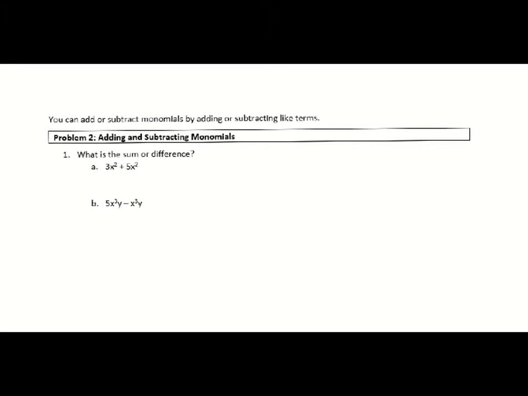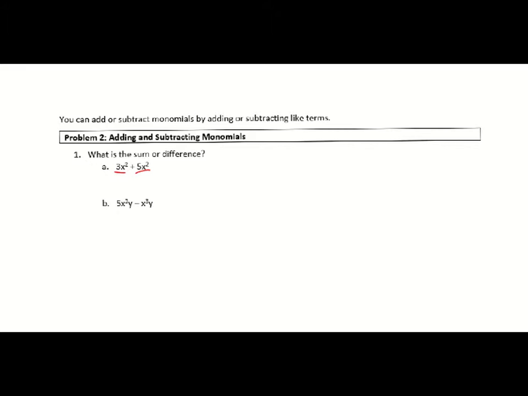In our next problem, we're going to actually add and subtract monomials. Monomials are added and subtracted by combining like terms. So we're looking for things that have the exact same variables. So let's take a look at number 1, part A. We want to find the sum of 3x squared plus 5x squared. So these two monomials would be like terms because they both have a variable of x squared.